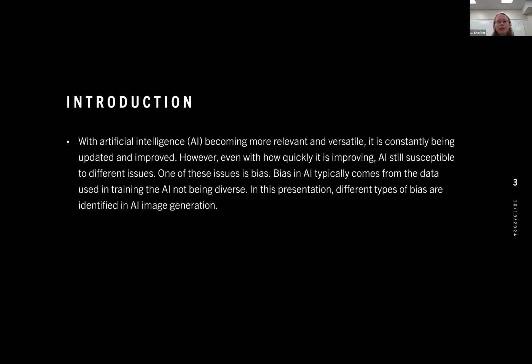The bias in AI comes from the data sets used to train the AI. So whether there was intentionally or unintentionally biased data in those data sets, it will lead to biased output.